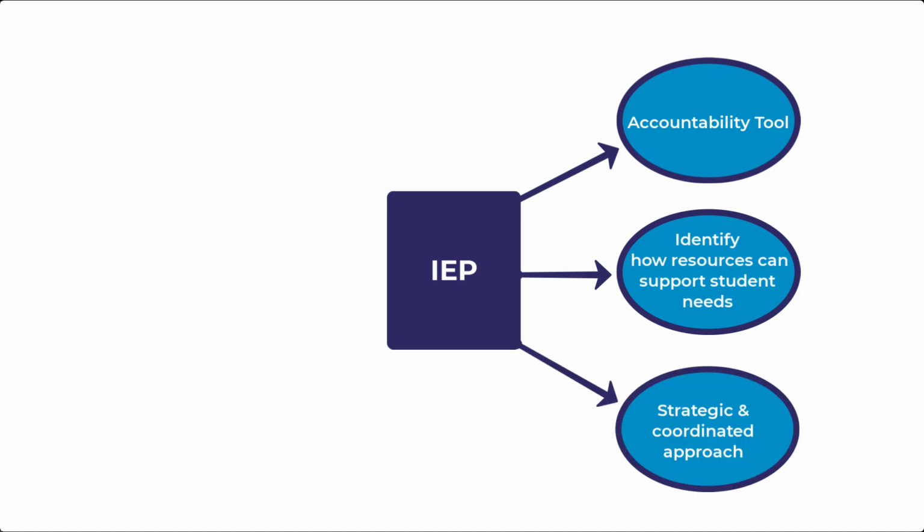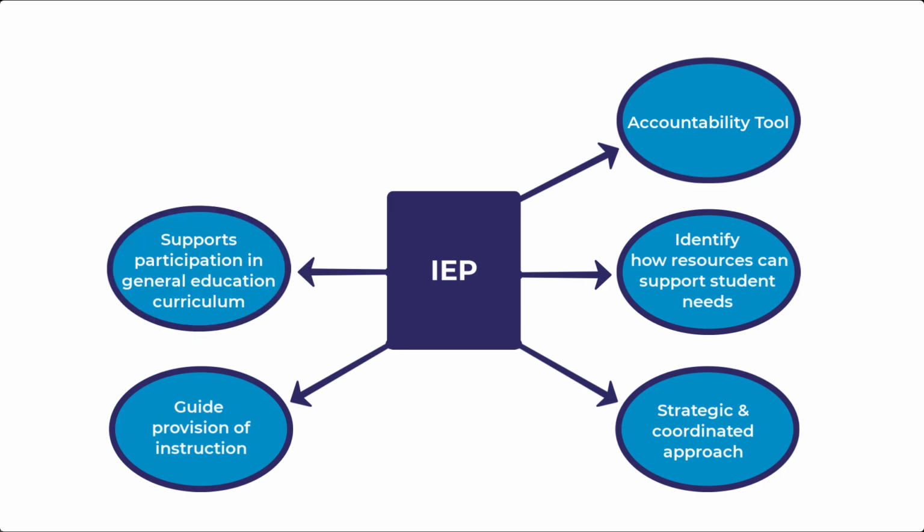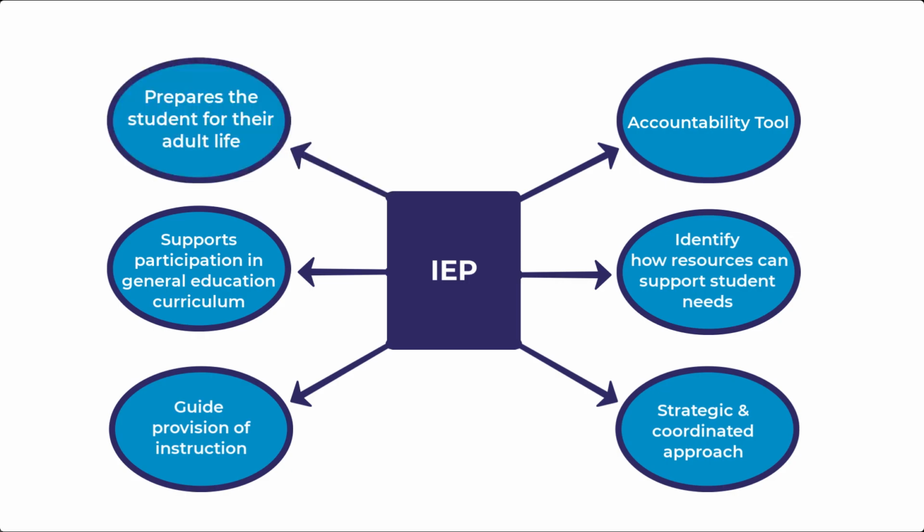It also will ensure that a strategic and coordinated approach has been made available to address the student's needs. The IEP will guide the provision of instruction designed to meet those unique needs of the student, while supporting the participation of the student in the general education curriculum and learning standards. And lastly, that IEP will even prepare the student for their adult life.